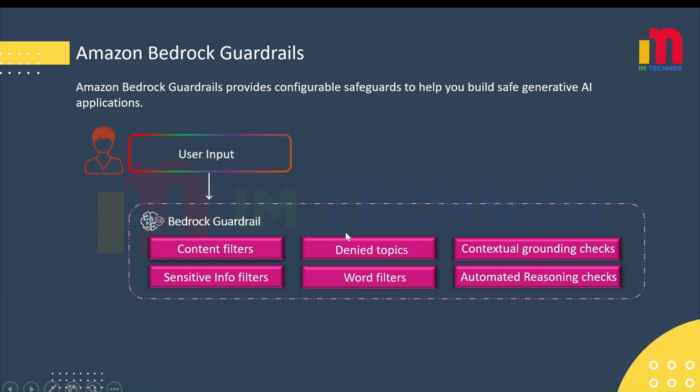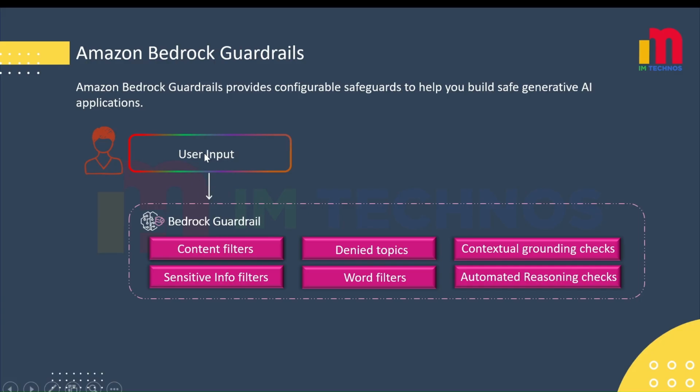Or is it a prompt injection attempt? So, inside guardrails, we define a set of responsible AI policies, and every input is validated against these policies. If the input itself violates a rule, it gets blocked immediately. The model may not even generate a response. That means the request is stopped at the entry point itself.